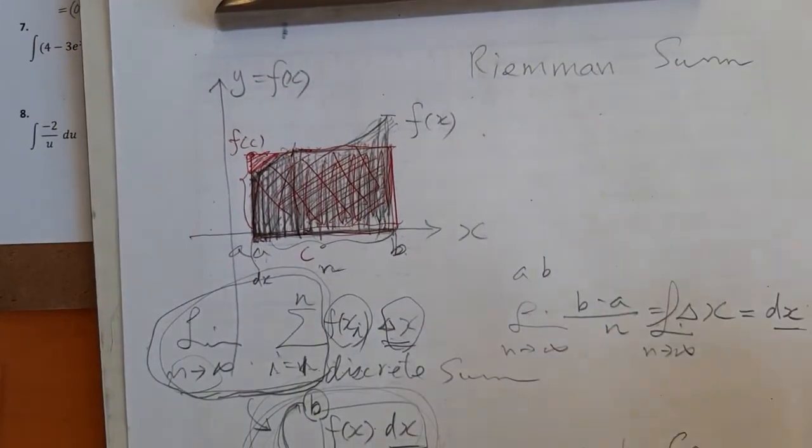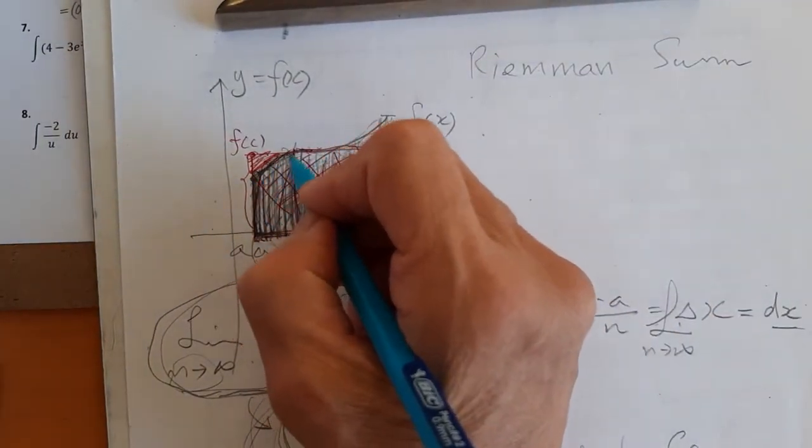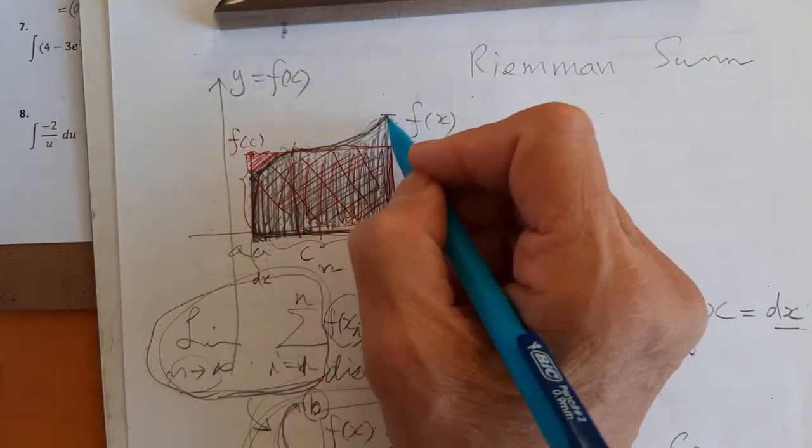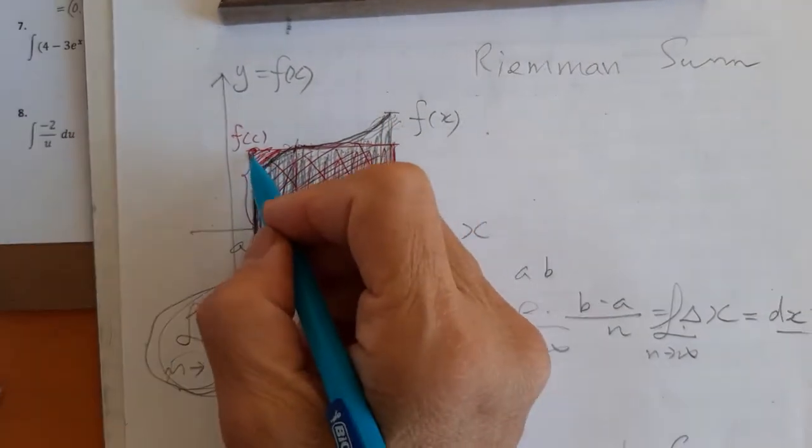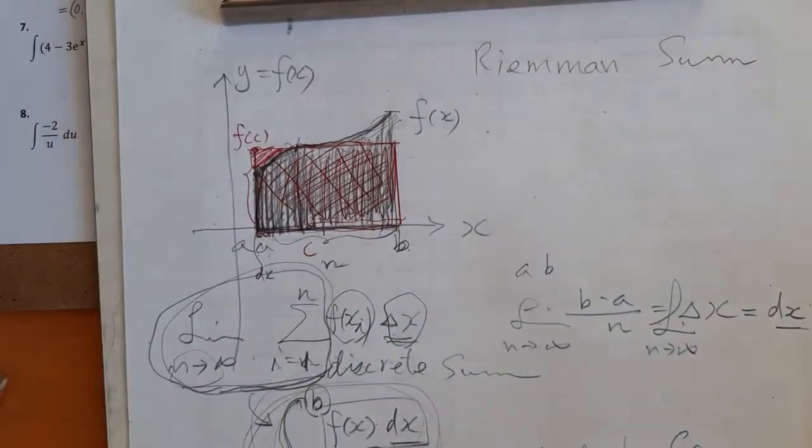The rectangle area is equal to the area under the curve. The two areas are equal. And this is going to be the average value.